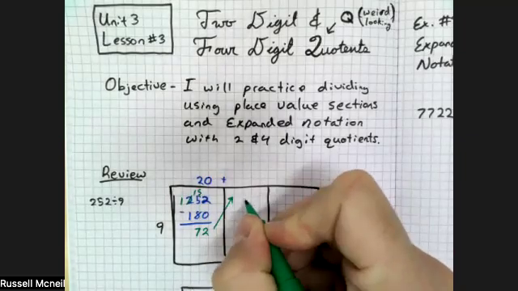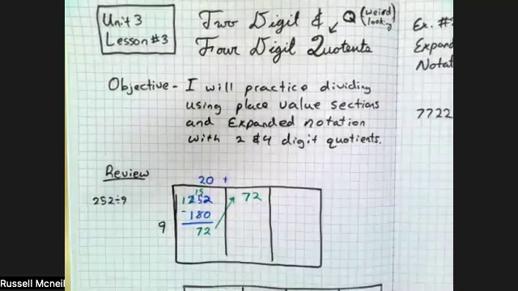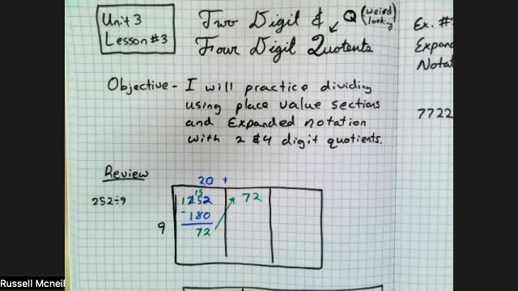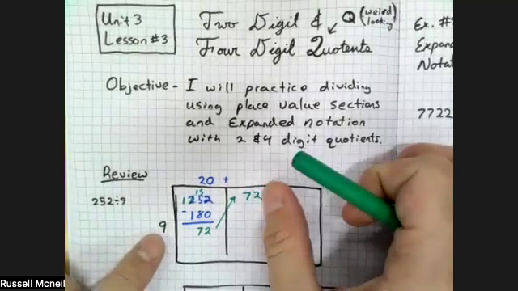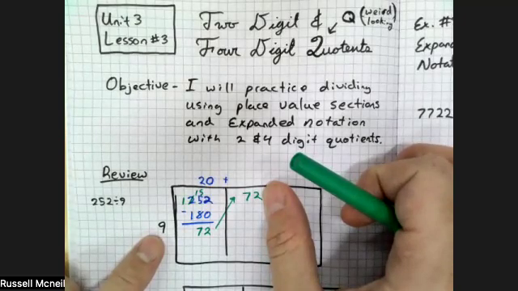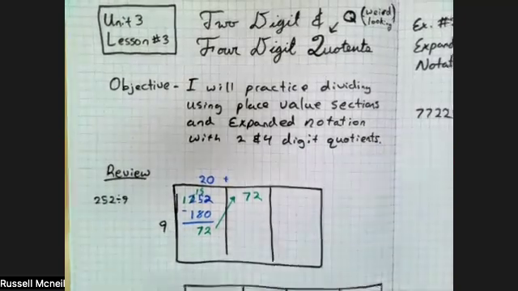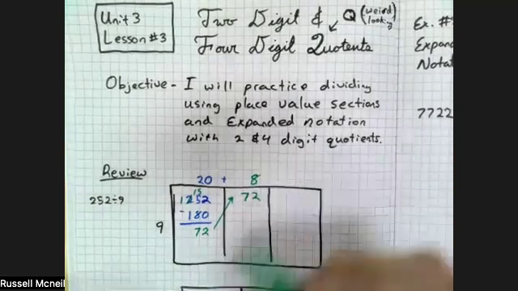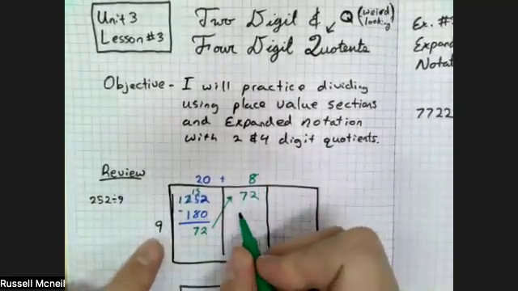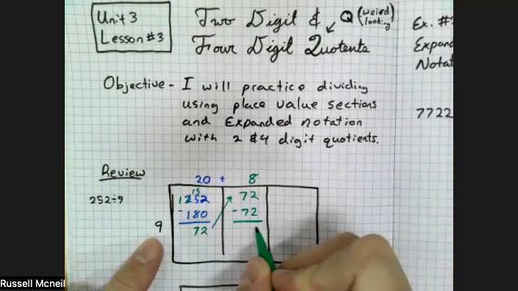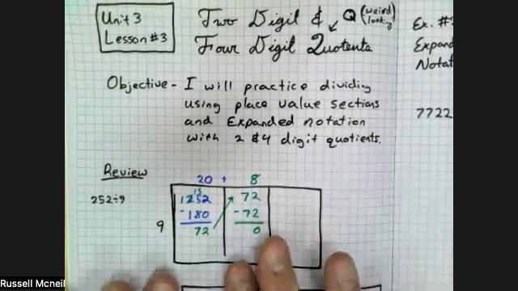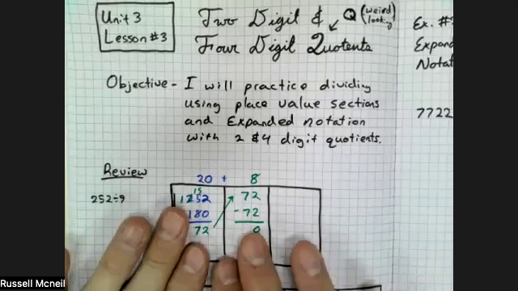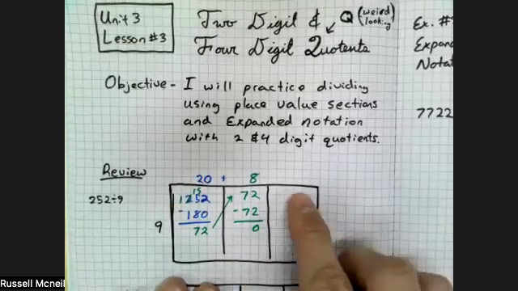Like we worked with our teammates yesterday, we're moving that 72 up. And now we're going to ask ourselves, how many times does 9 go into 7? Doesn't. How many times does 9 go into 72? This one's pretty easy. This one is 8. 8 times 9 is 72. We have a 0 remainder. Now, when we run into this scenario, first two boxes we're working and we end up with nothing to move up.